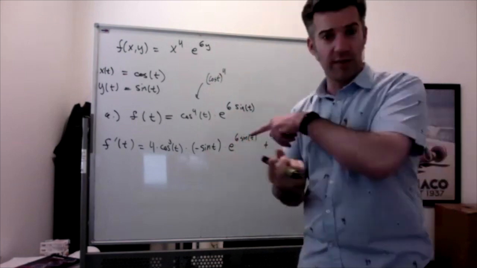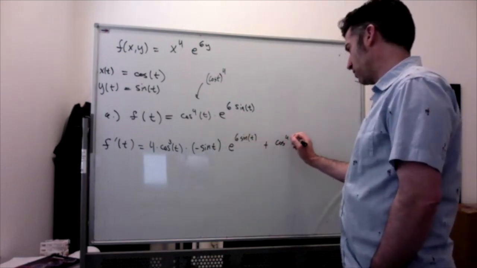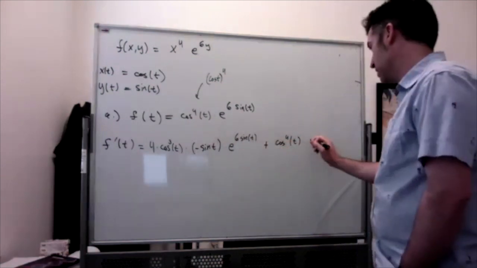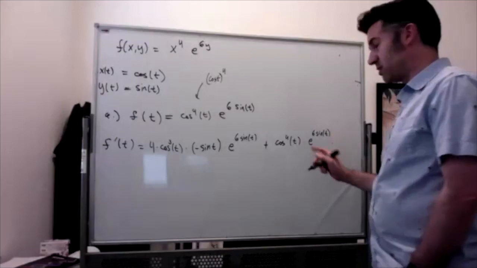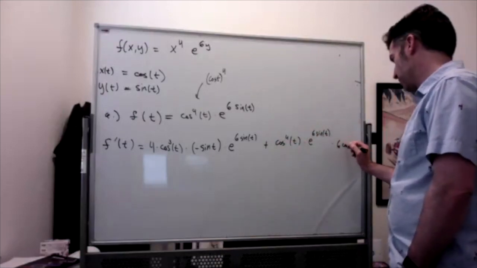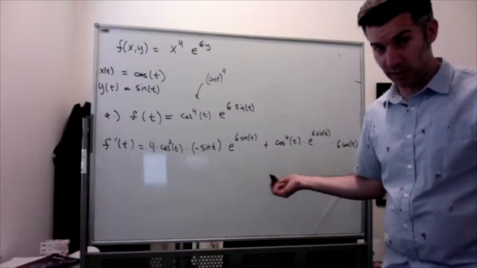plus, then we flip, right? We leave that alone, cosine to the fourth of t, times the derivative of that. The derivative of e to the stuff is e to the stuff times the derivative of that stuff. The derivative of 6 sine of t is 6 cosine of t. I don't really feel a need to do anything more with this.